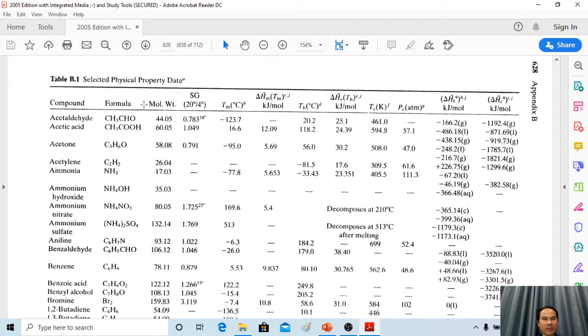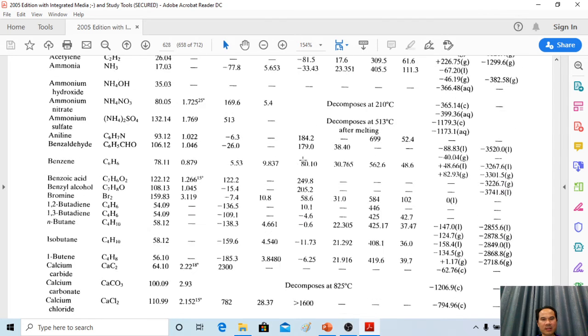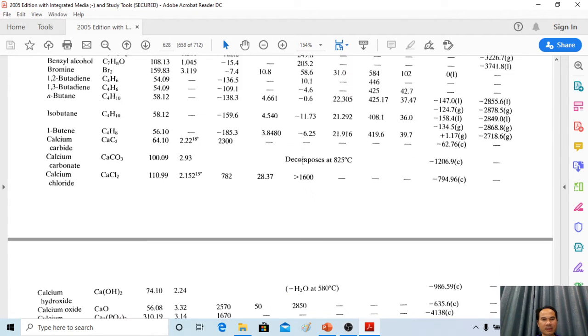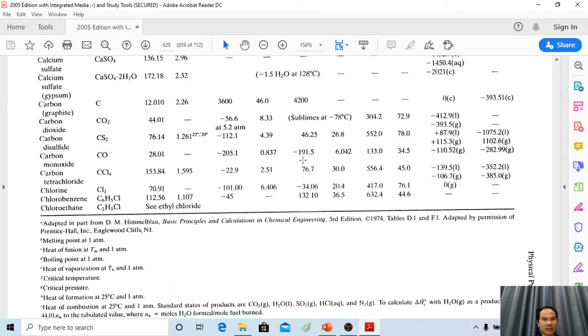Okay, Table B.1 lists the formula, the chemical species, molecular weight, density, melting point, delta H of melting, boiling point, and delta H v of vaporization. The unit for this column is kilojoule per mole, and the boiling point is in degrees Celsius. Let's look at methanol.